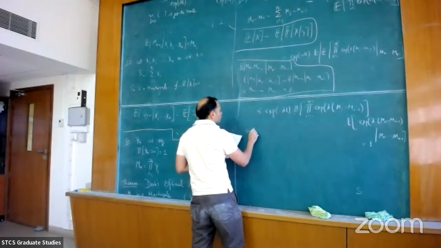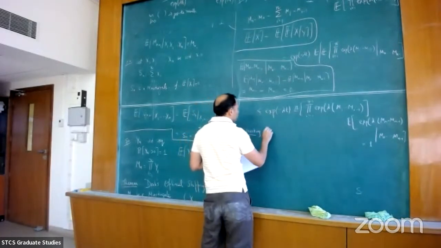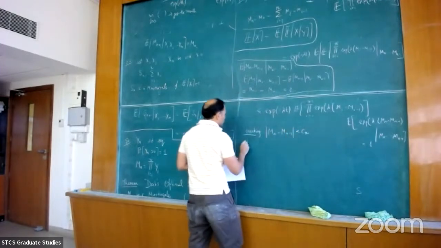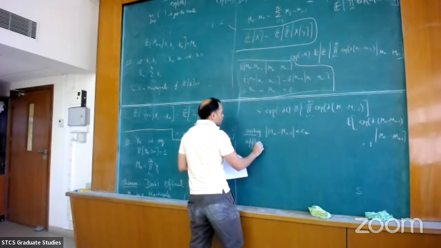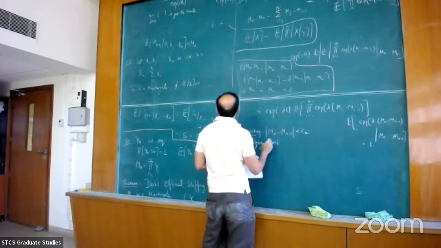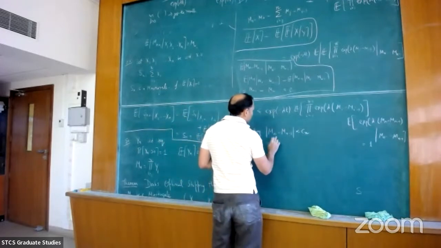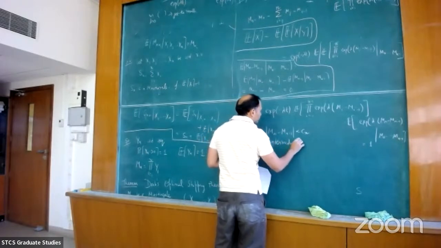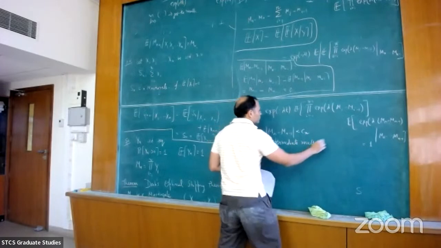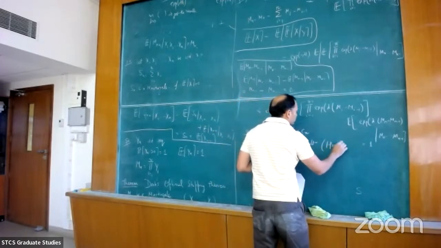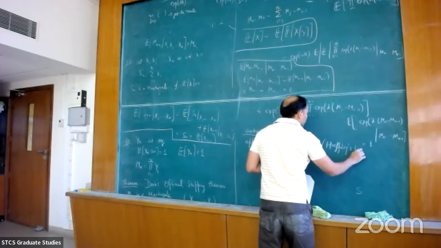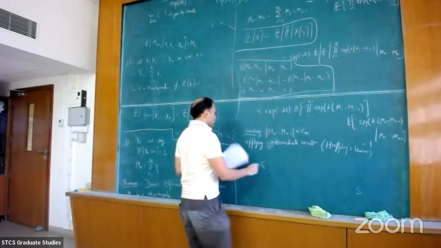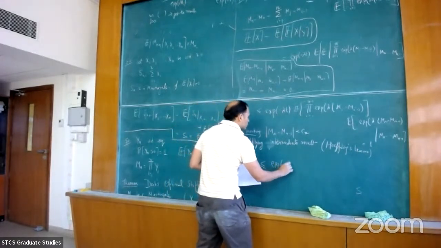Invoking the preliminary result, this is called the intermediate lemma. Okay. So e to the minus lambda t.